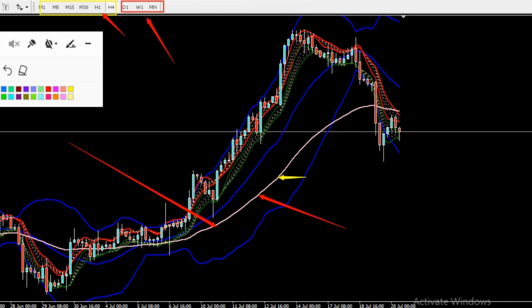In this GBP USD H4 chart, you can see here, and also here, why we are making these re-entries.